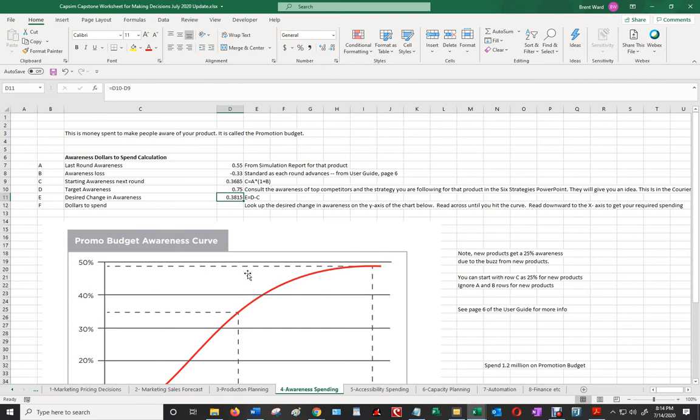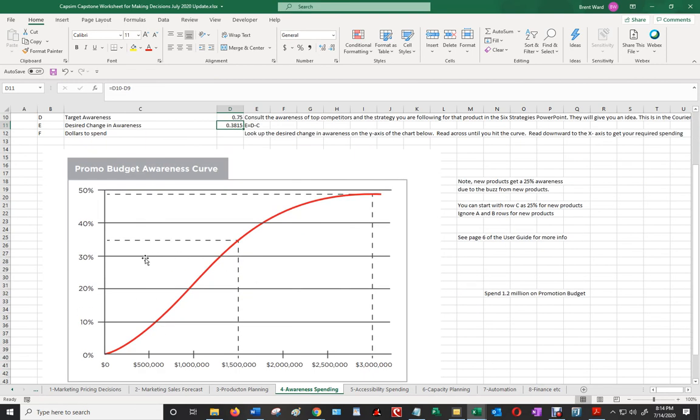To determine how much I need to spend to get it up to 38.15 for any product in the traditional segment, I go over here to 38, which is right about there. Go straight across until I hit the red line and go straight down, which leads me to about 1.6 million, or in CAPSIM language, 1600.